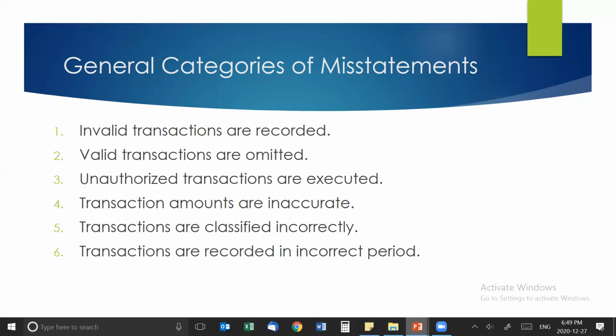Those are the general types of misstatements that occur in the financial statements. You could set up controls around this to help make sure that these errors don't happen. You can't set up controls to have 100% no errors, but you can set up controls to minimize the amount of errors.